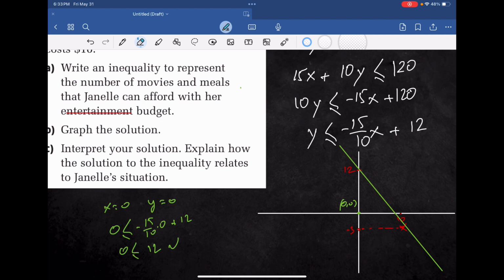So my graph will be like this, just let me write it in another color. The white one is not included because we don't have negative values. So my actual representation of my equation is this triangle.